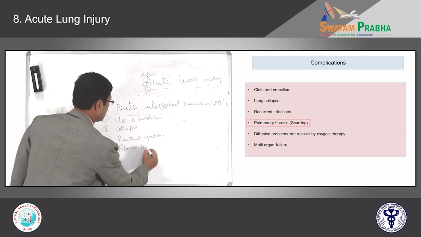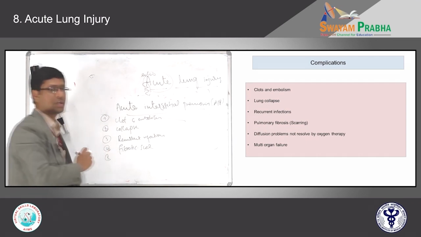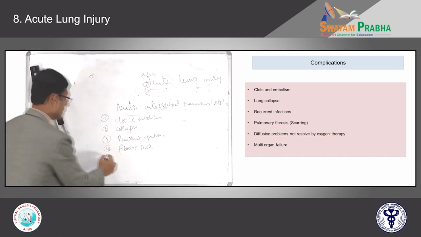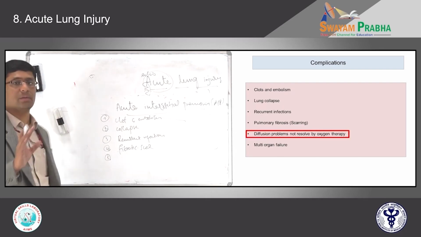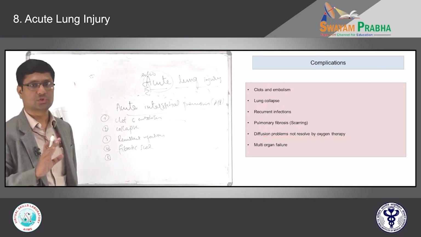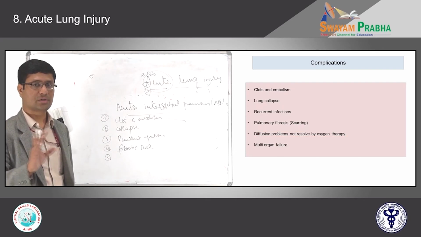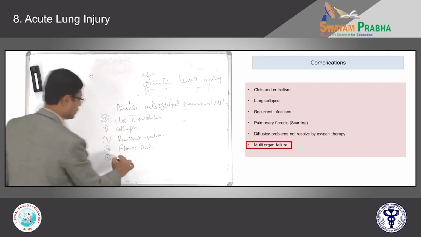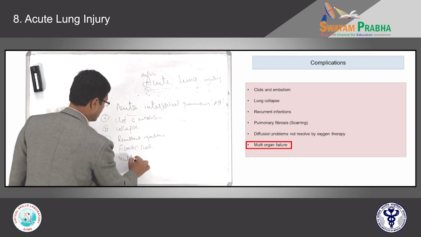Fibrotic scar is one of the most common complications. And finally, if the diffuse lung, bilateral lungs, are involved, there is no oxygenation. The patient will have hypoxemia and may die because of multi-organ failure.